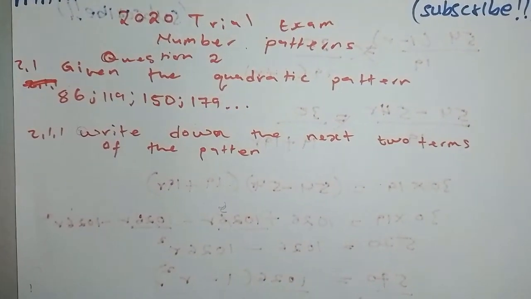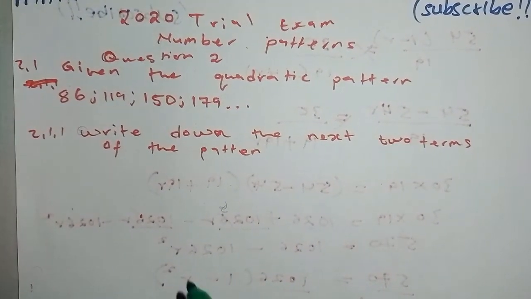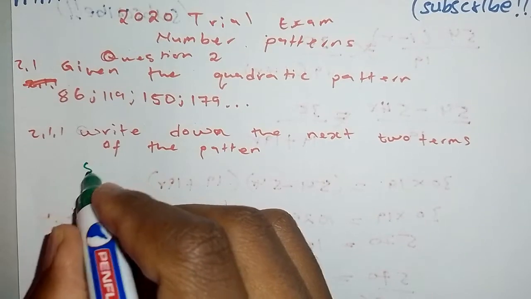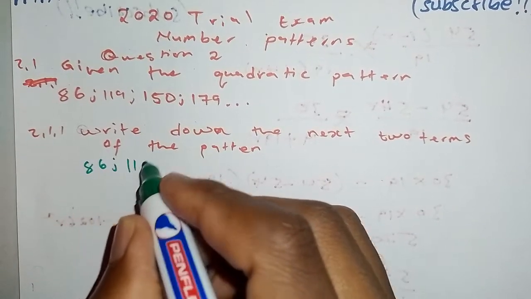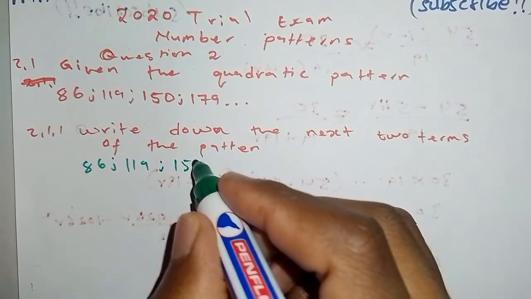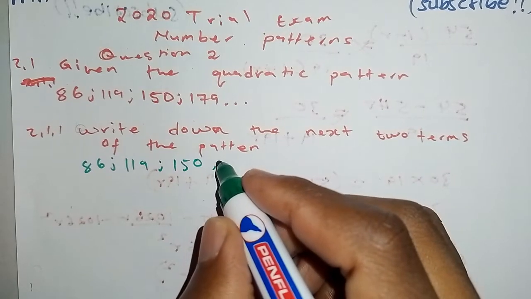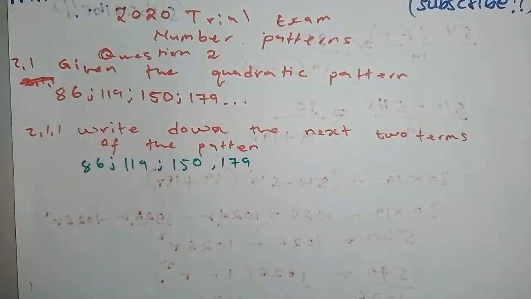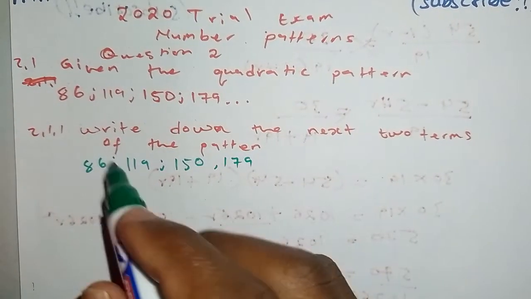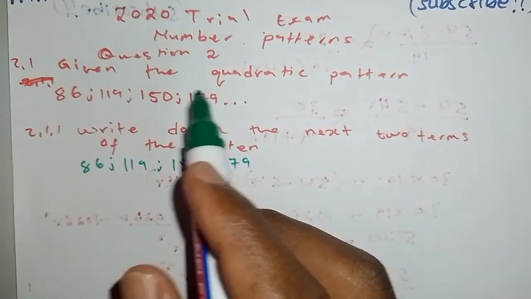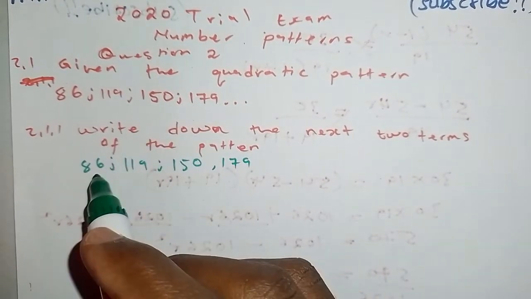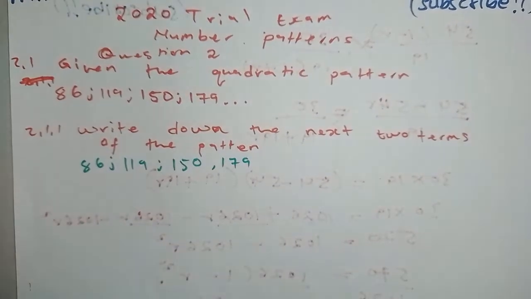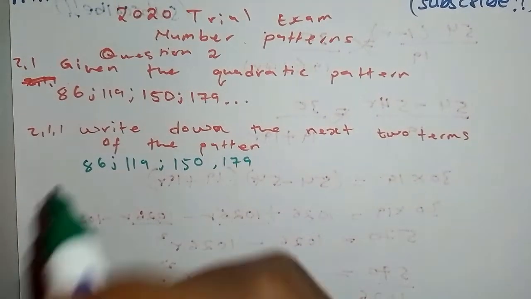Remember, if you want to write down the next two terms of the pattern, you just say, okay, I have 86, 119, 150, and then 179. They said this is a quadratic pattern, so I have to do the first and the second common difference.